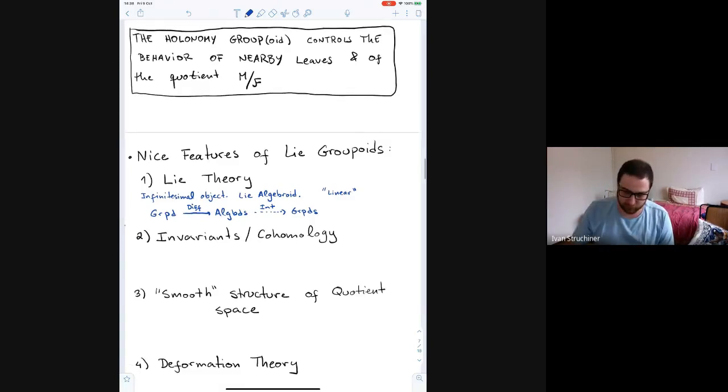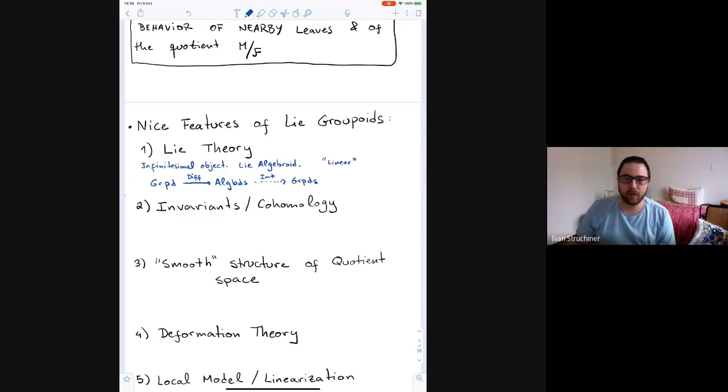The next thing is that Lie groupoids have invariants. There are cohomology theories associated to a Lie groupoid, called differentiable cohomology, which can take values maybe in a representation, doesn't really matter what this is. You have a classifying space for a Lie groupoid.